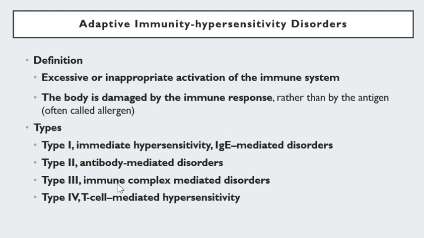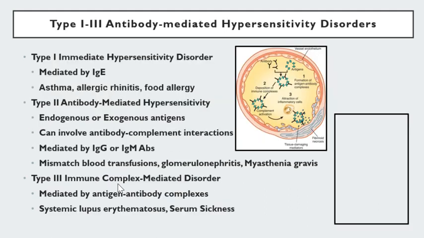Y'all know that IgE is a type of antibody, so you know it's an antibody-mediated disorder. Type 2 is also a different antibody-mediated disorder, just not IgE related. Type 3 is the immune complex-mediated disorders, and type 4 is T-cell-mediated hypersensitivity, and we'll go over brief examples of this stuff.